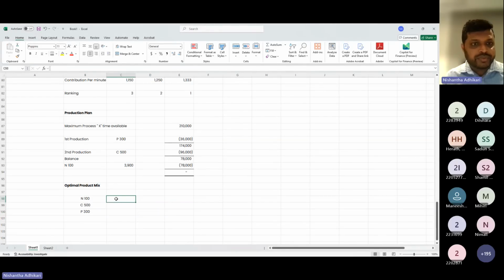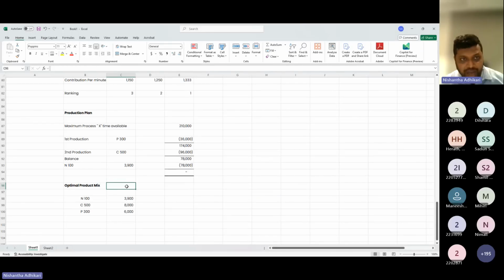N100, we are producing 3,900 units. C500, we are producing 8,000, and P300, it is 6,000. This is the production plan as per marginal costing approach.